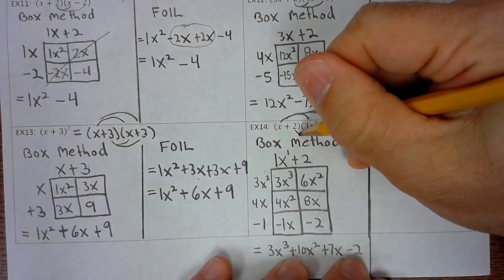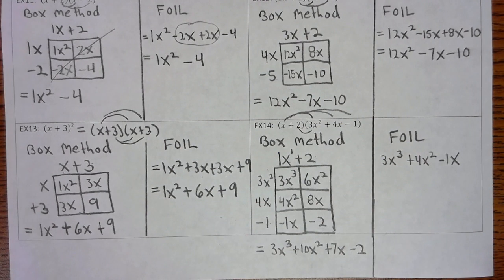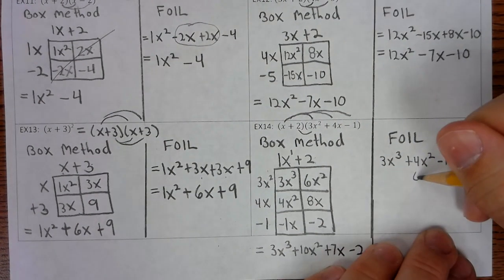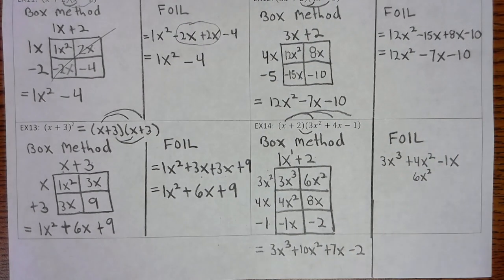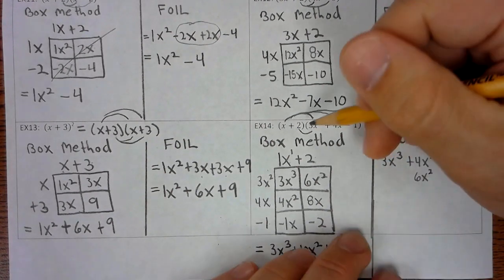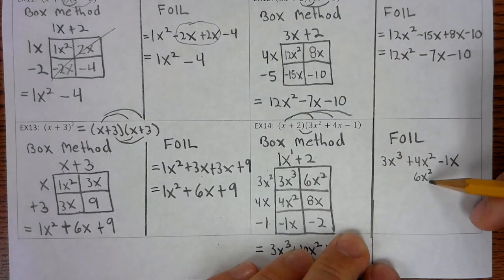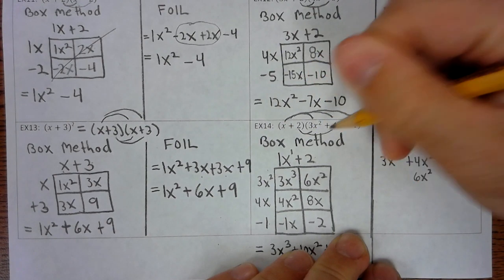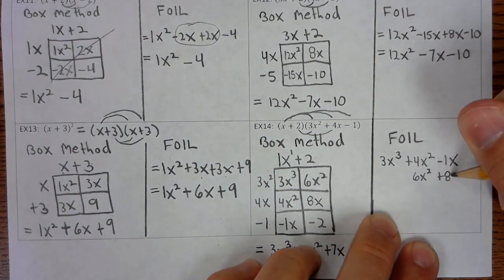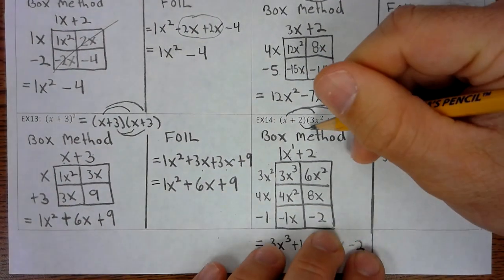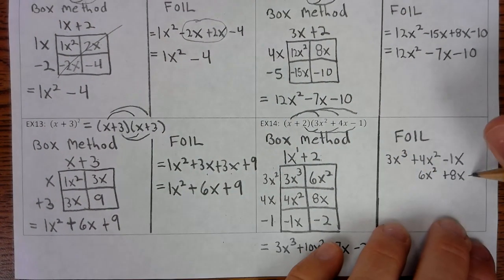Now I'm going to do 2 times 3x squared is 6x squared. Notice I can line up as I'm foiling, okay? Instead of doing one long row, I can line up the x squareds, and I can line up 2 times 4x is plus 8x. So I'm lining up the x's, and then 2 times negative 1 is negative 2.